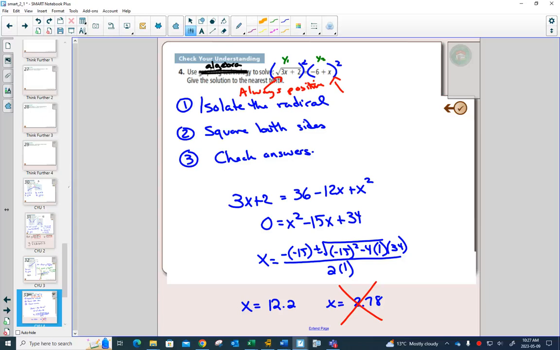If I plug in 12.2, this side is positive, this side is positive, so it's going to work. It's going to come out to an answer that is nice. So the answer is 12.2 without using technology. But again, you could double check this with technology.